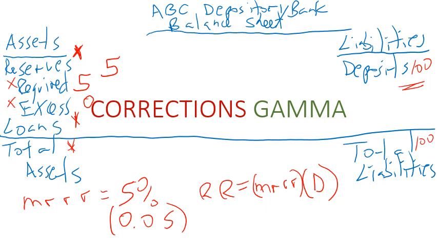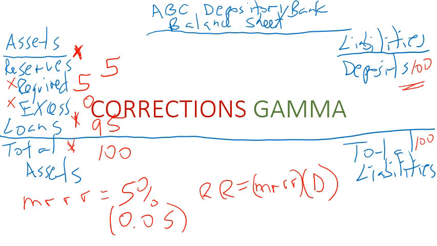Well, 95. Loans, 95, plus total reserves of 5 is equal to total assets of 100, and then in turn, total assets are equal to total liabilities. 100 is equal to 100.